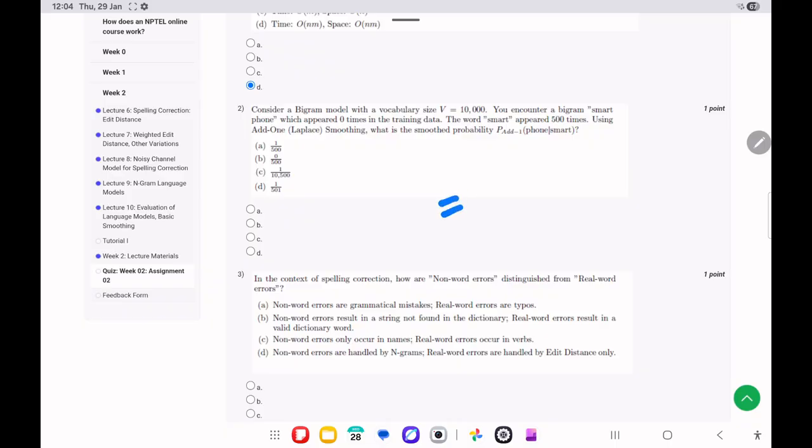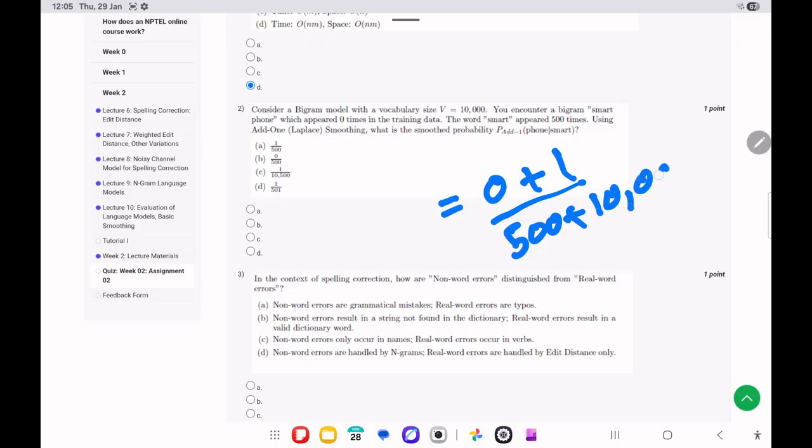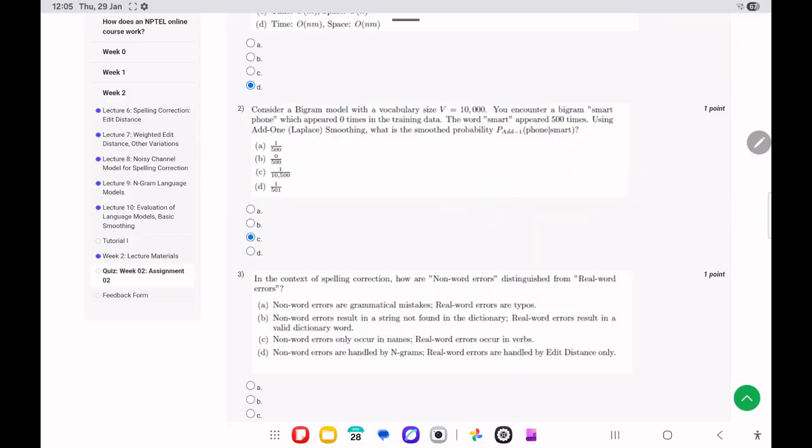So the numerator is 0 times, that is smartphone occurs 0 times, and 0 plus 1 will come in the formula, you can refer to the notes, divided by count of smart, 500 times. So 500 plus vocabulary size, which is 10,000. So the answer is 1 by 10,500, which is option C.